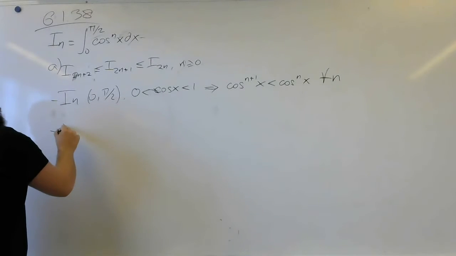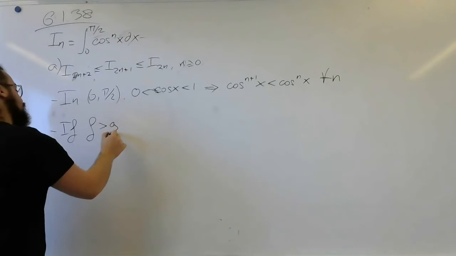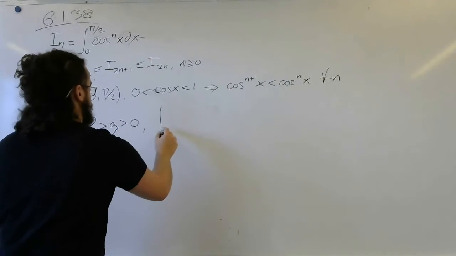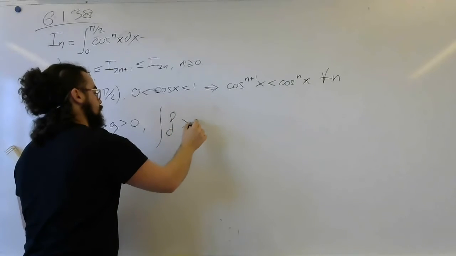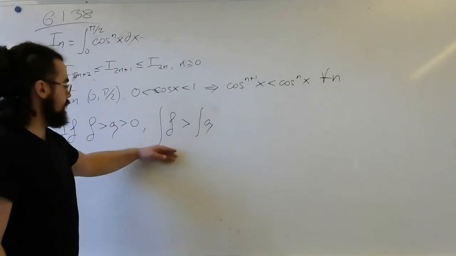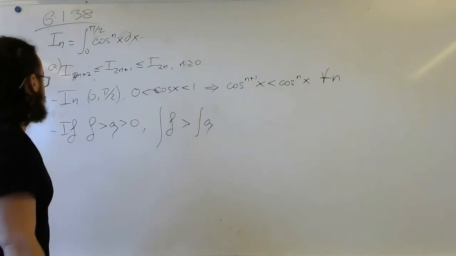Now there is a result that says if f is greater than g and both are greater than 0, then the integral of the greater function is greater than the integral of the smaller function.